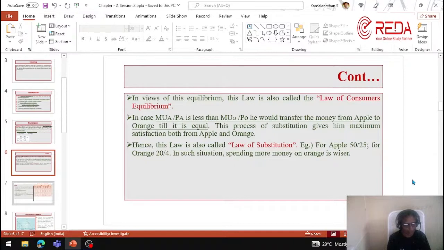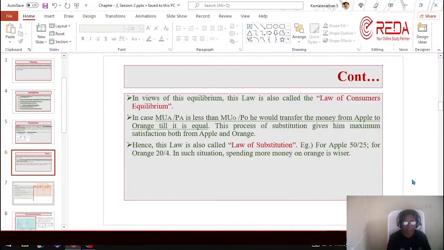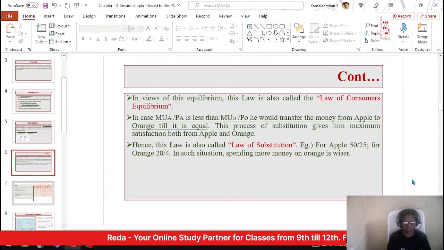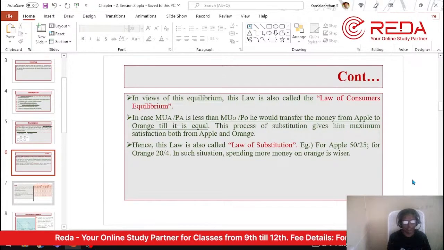Okay, so this is how the law is, and the process of substitution gives you maximum satisfaction. Whenever there is an adjustment in the allotment of money in the distribution of two commodities which gives an equal level of satisfaction, then the consumer will have a maximum level of satisfaction in getting the utility from the two commodities.